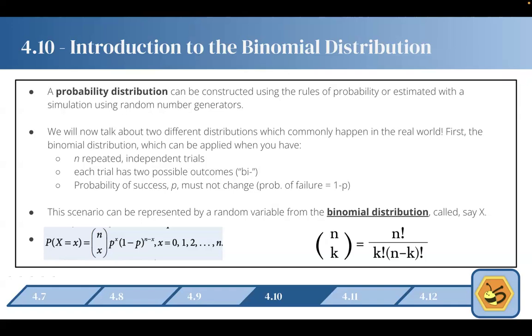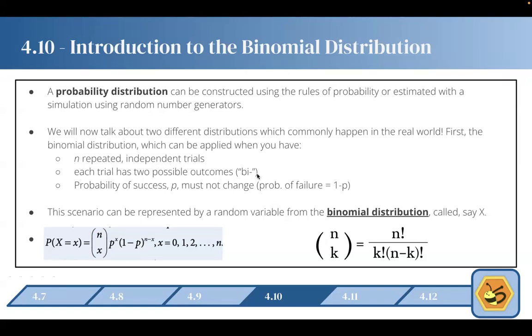So the first distribution is the binomial distribution, which can only be applied when you have these three things laid out. The first is you have a set number, or n number, of repeated independent trials. In other words, the result of one trial doesn't influence the result of other trials. If that's the case, then we're good with step one.